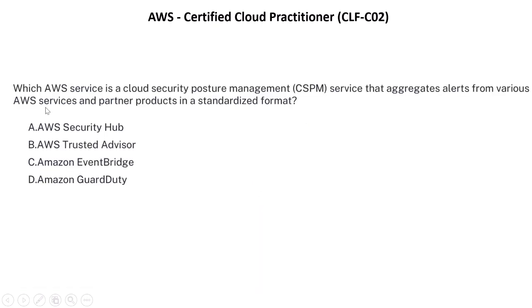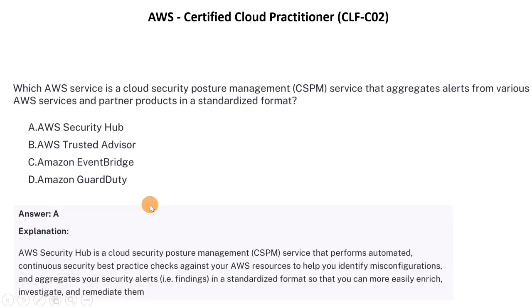Next question. Which AWS service is a cloud security posture management, that is CSPM, service that aggregates alerts from various AWS services and partner products in a standardized format? Options are: option A, AWS Security Hub. Option B, AWS Trusted Advisor. Option C, Amazon EventBridge. Option D, Amazon GuardDuty.